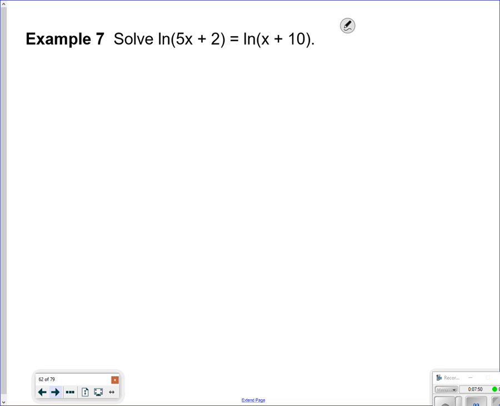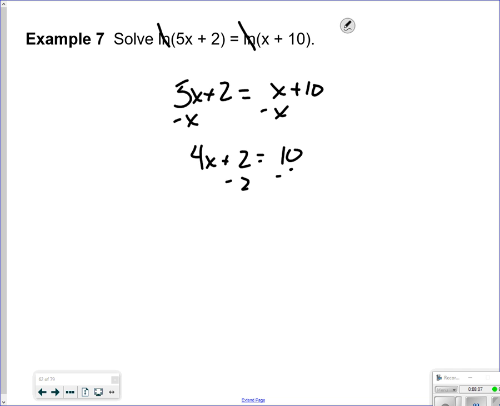So if I have natural log of 5x plus 2 is equal to natural log of x plus 10, then 5x plus 2 is equal to x plus 10, because the natural log, you're taking the inverse natural log of both sides. Subtract x and solve. Now, you always have to do a little bit of work here.